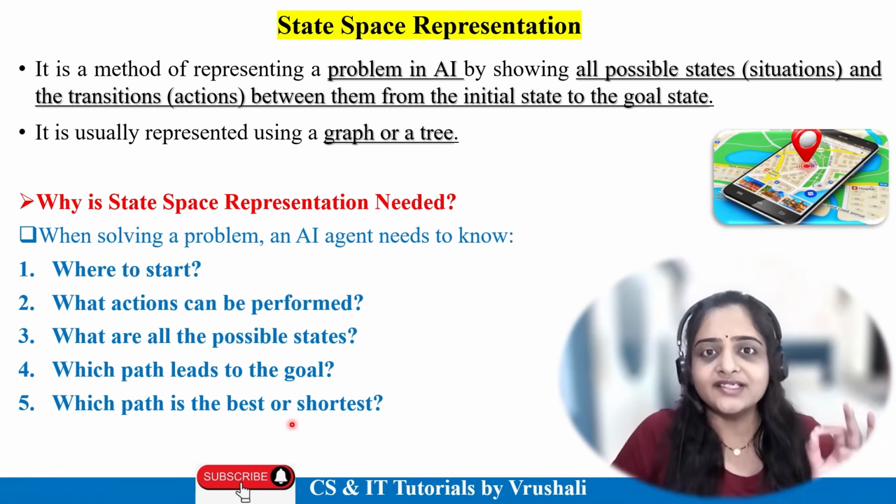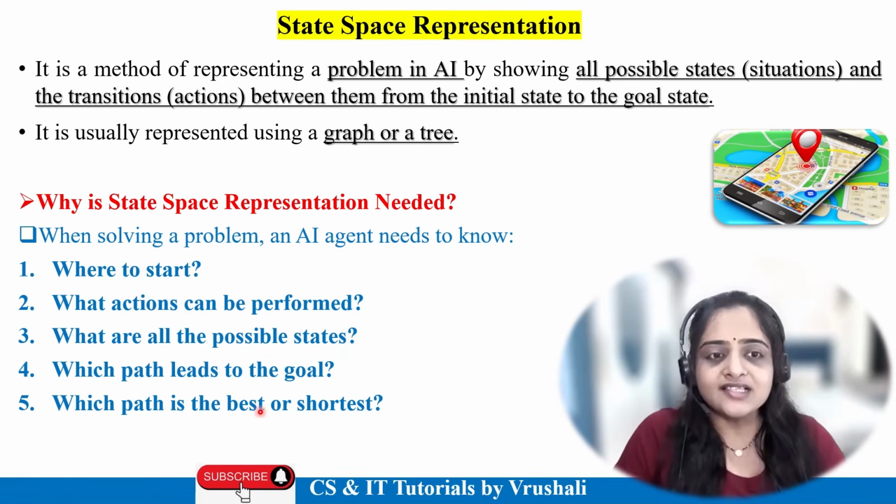State space representation gives the answer to all these questions. And after that, the Google Map agent finds the shortest path from source to destination. Got it? So this is the concept of state space representation.